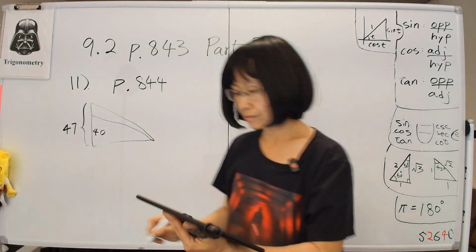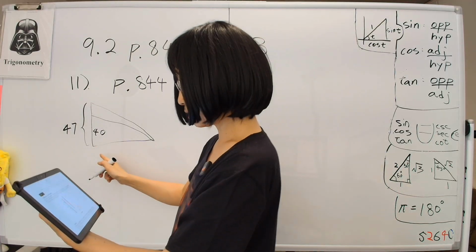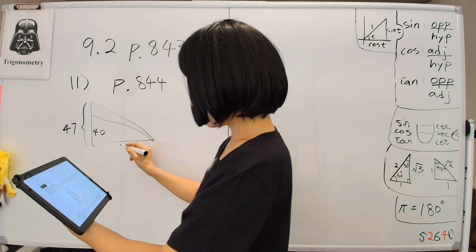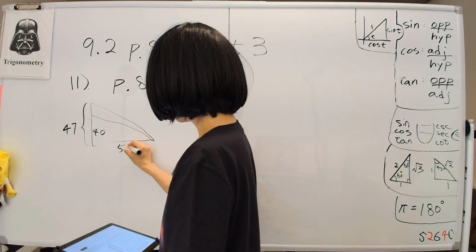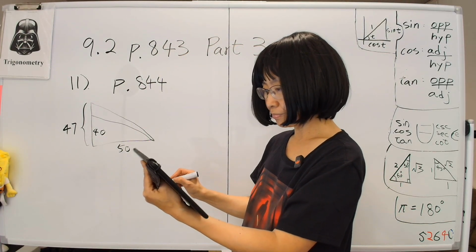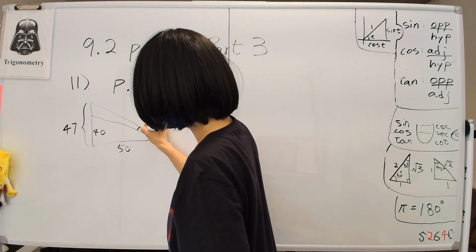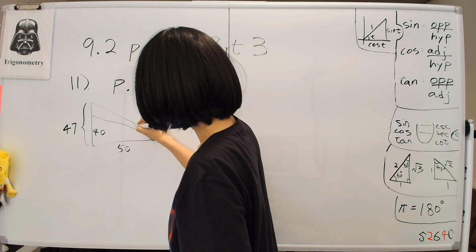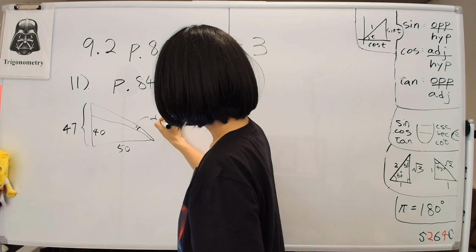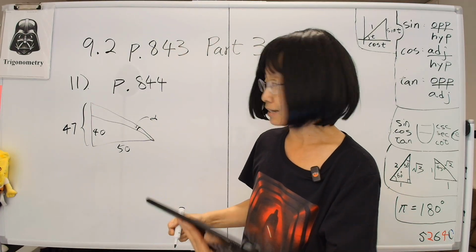And then the distance on the ground is 50 feet. The question is, what is the angle between the wires? This little angle right here, we'll call it alpha. We want to figure out what that is.